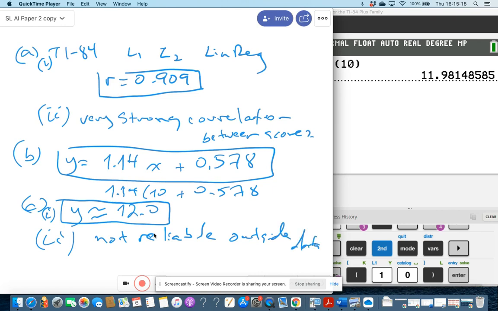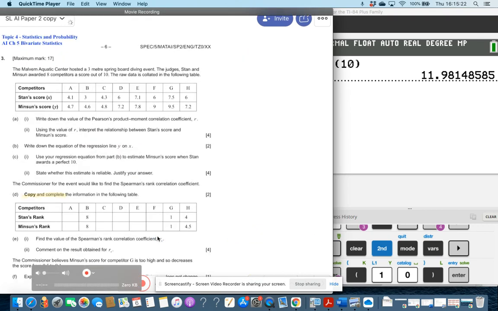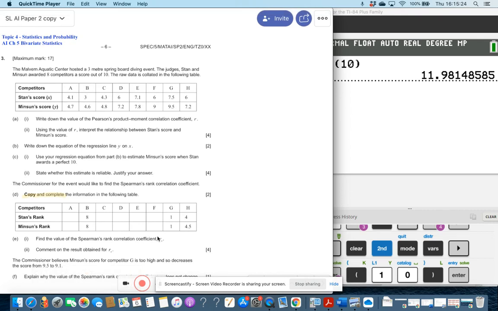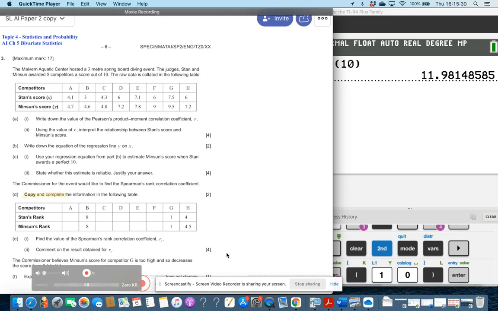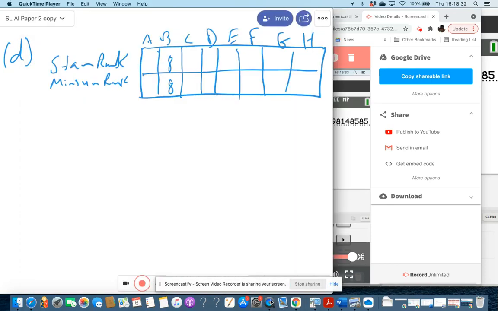All right, and then the next question, copy and complete the table. So again, just like before with the probability trees, we're asked to copy this table with Stan's and Min Sun's rank. So the table is copied now.